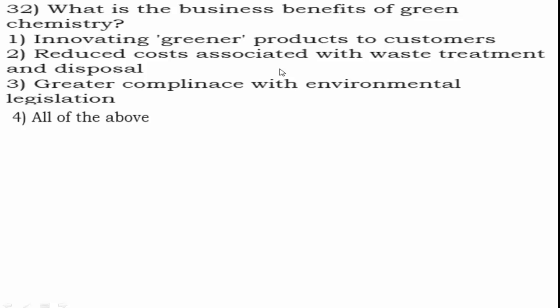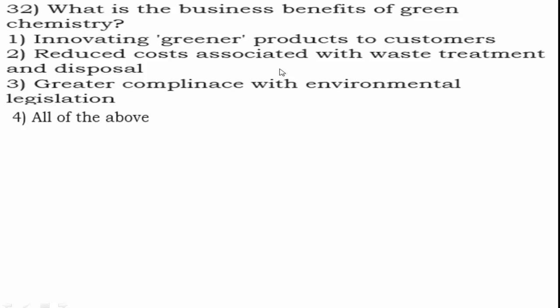Students, if a chemical industry follows green chemistry rules, it may benefit by reduced costs associated with waste treatment and disposal, and by offering greener products so that more and more customers are attracted. Green chemistry also follows environmental legislation.